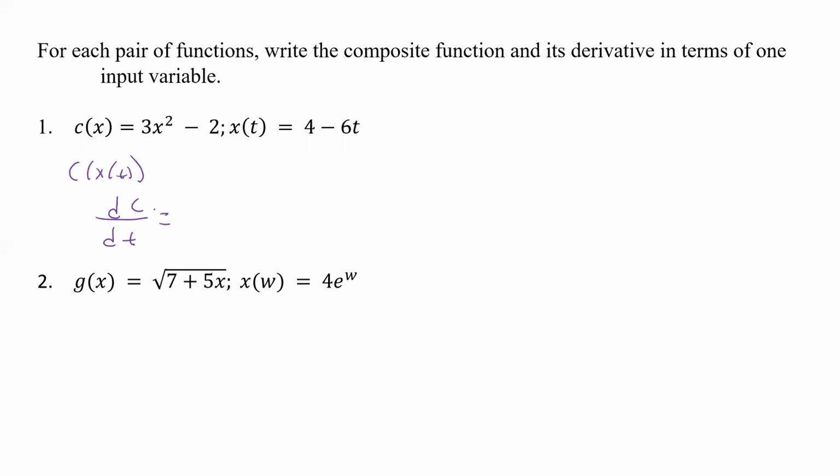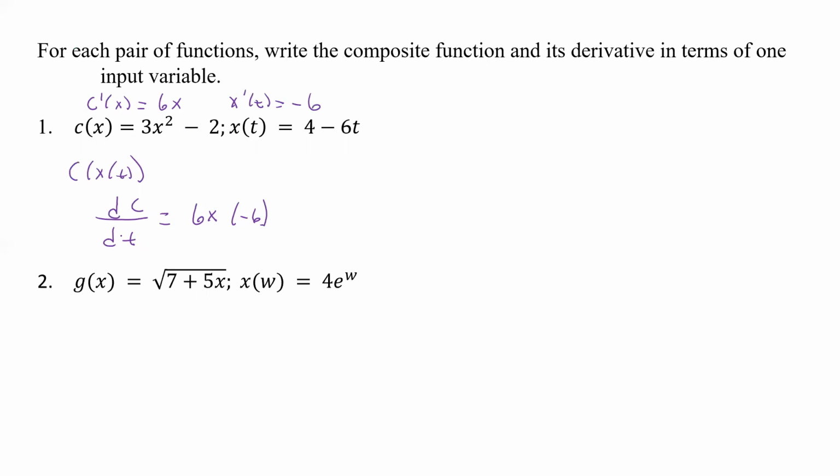Okay. Now, can we take the derivatives of this? Yeah, c prime of x is equal to 6x, and x prime of t is equal to negative 6. Okay, that's not bad. So now we just plug these in, and we get 6x times negative 6. Wait a minute here.